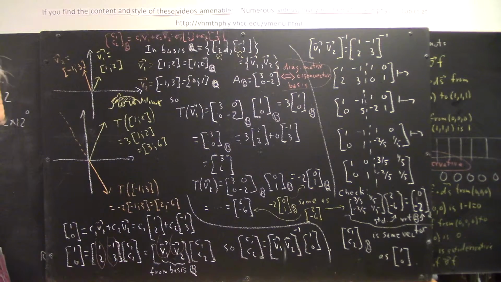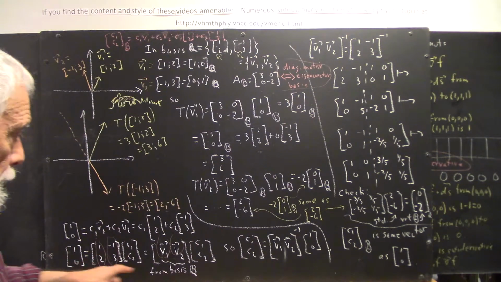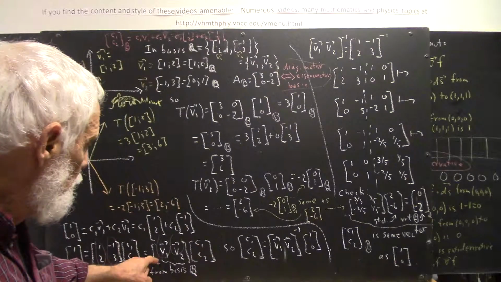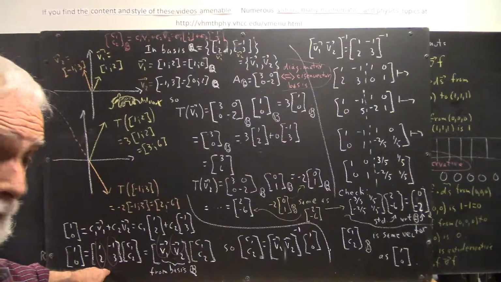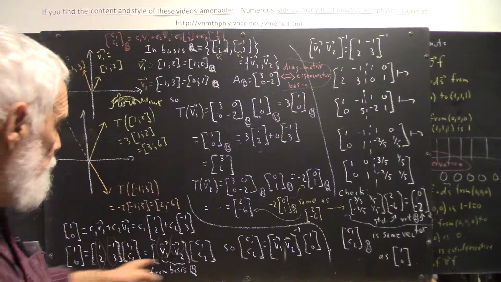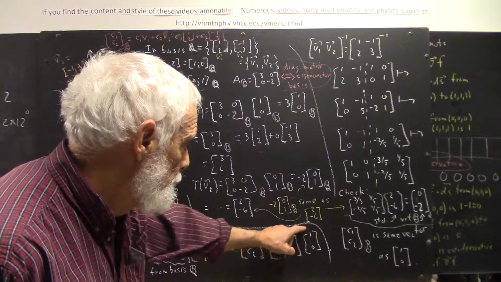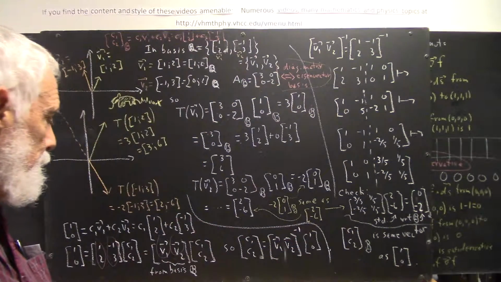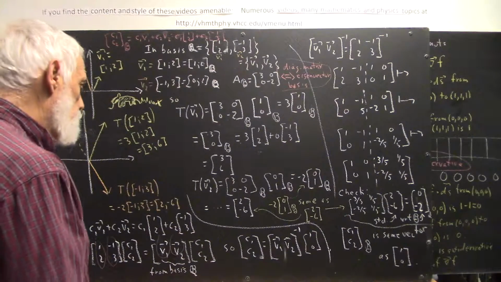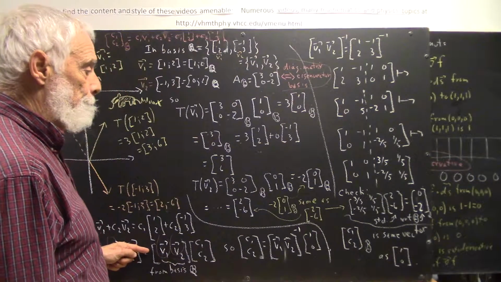So it means the row space has that rank, so it means the matrix reduces to the identity. So if this is a basis, you're guaranteed that this matrix is invertible, so that we can solve for C1, C2 just by inverting this matrix. Now, this matrix is a big deal.